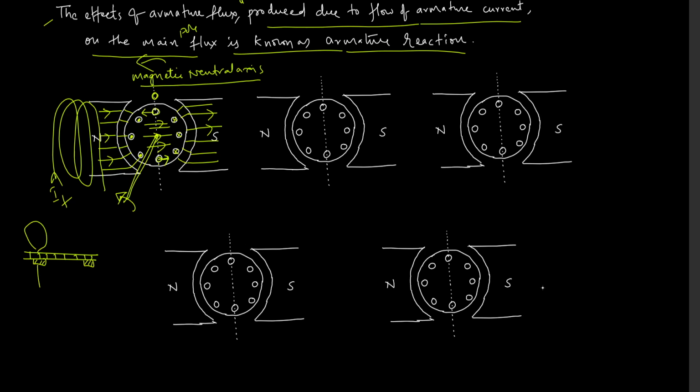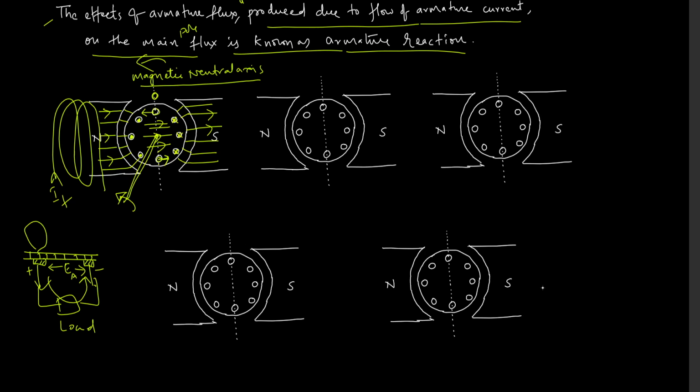If I connect these brushes to some load, current will flow because there is a voltage EA induced across the brushes, and proportionate currents also flow in these conductors.